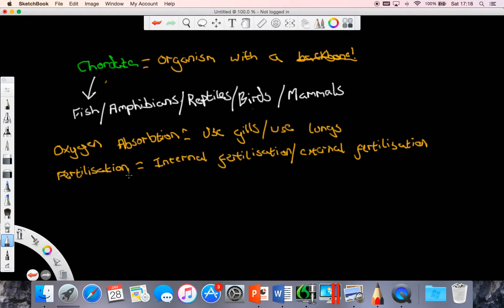Can I just point out here that fertilization, although you don't need to know it, is defined as when a sperm meets an egg. Fertilization is not just sex. Fish don't really have sex, but they still do fertilization.